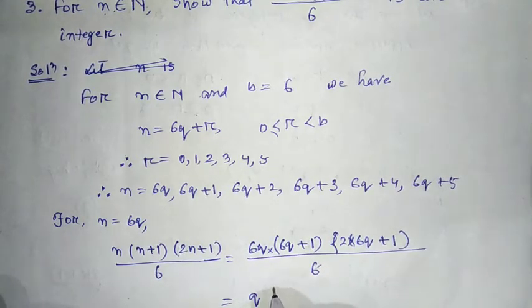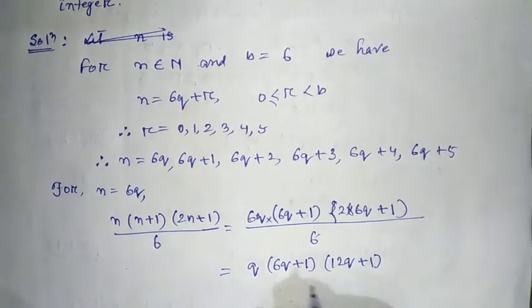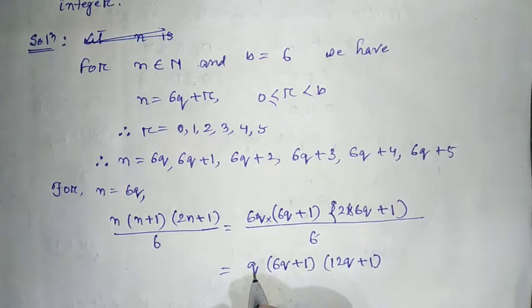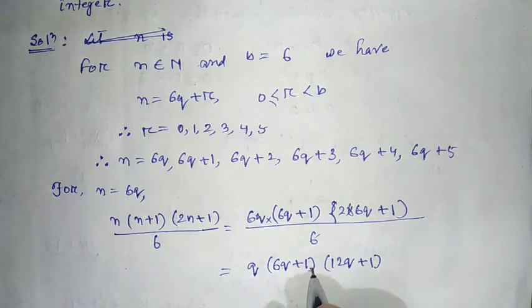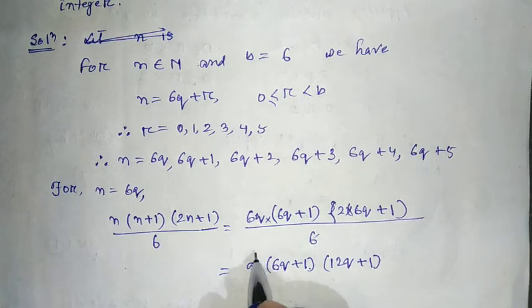Q into 6q plus 1 into 12q plus 1, and in this case there is no denominator, where q is an integer and 6 also an integer, 1 also an integer. That means from the properties of integers, this whole expression is an integer.